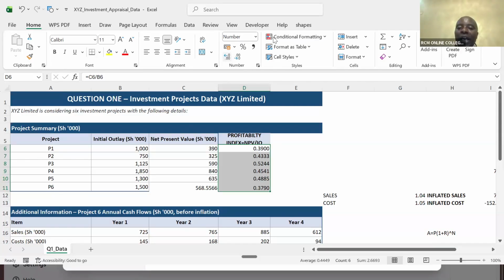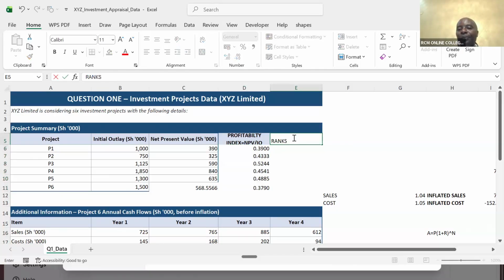Once you have done that, come and create a column here where you capture the ranks. And don't forget, ladies and gentlemen, that we happen to be having some mutually exclusive projects. We have projects 2 and project 4. The two are mutually exclusive.